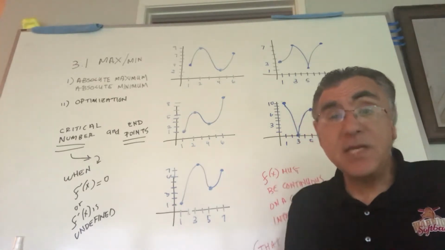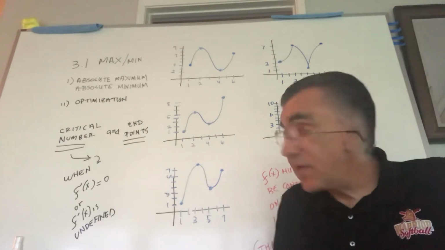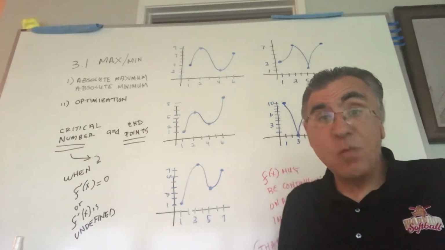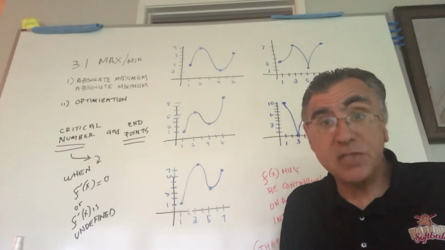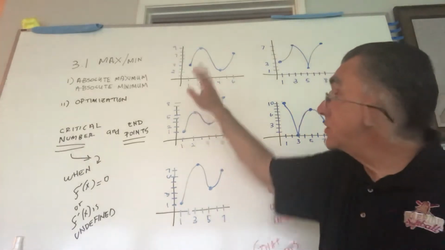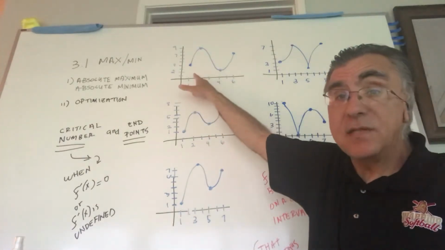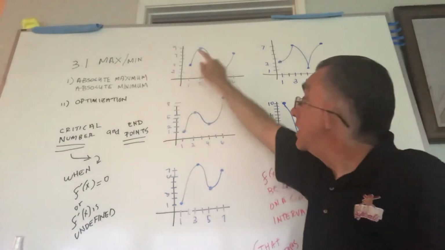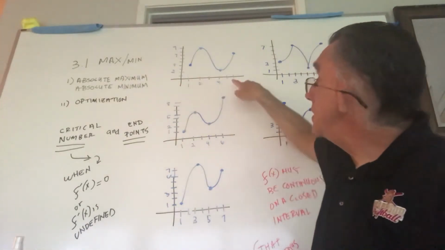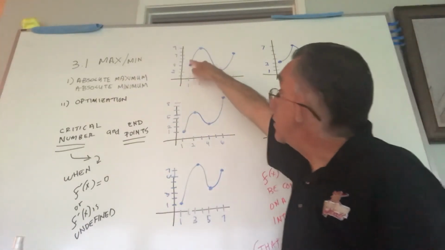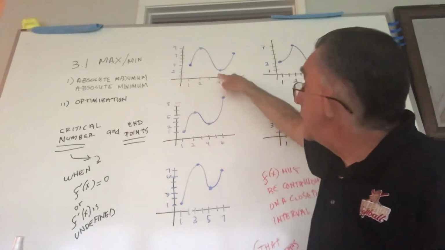So let me just go over the idea. The idea is this: we're trying to find the biggest y value and the smallest y value for each of these graphs, okay? So if you look at the first graph, it goes from 1 to 6, and it goes up, then it comes down, and then it goes up.